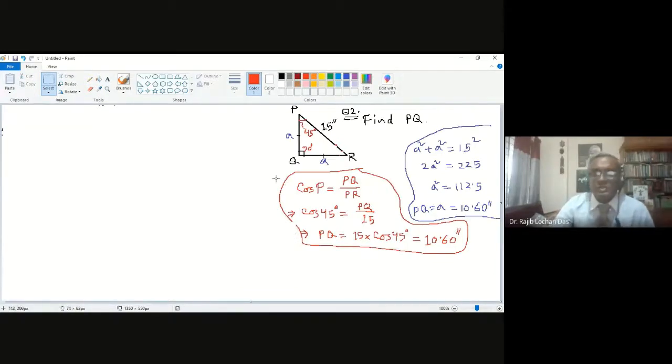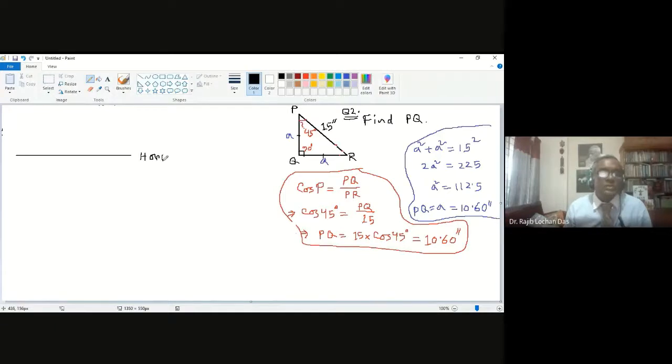So this is another problem, another example. Now let me tell you the angle of elevation and angle of depression again, so that you can understand. What I told you is that the horizontal line is the only consideration.